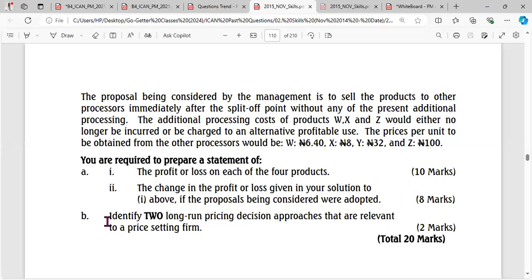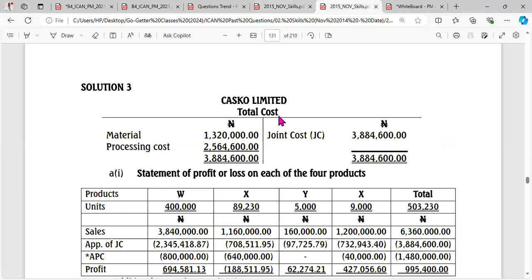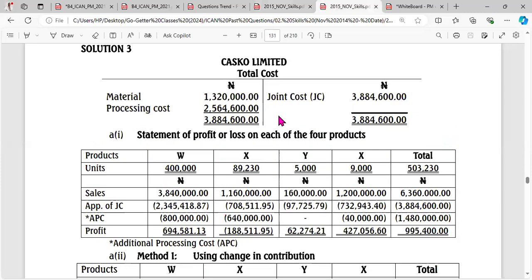Then identify 2 long-run pricing decision approaches that are relevant to a price-setting firm. Now let's look at the solution here. I'll be explaining the solution to us here.